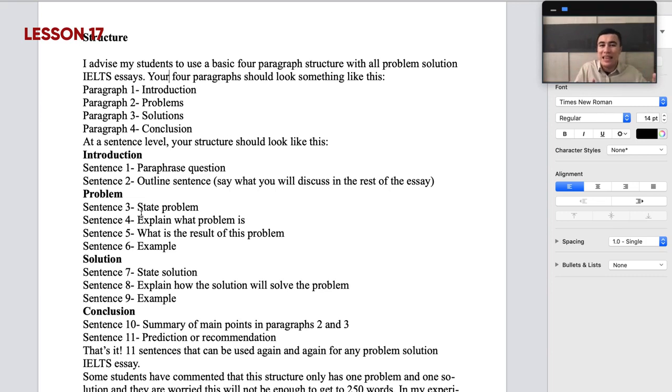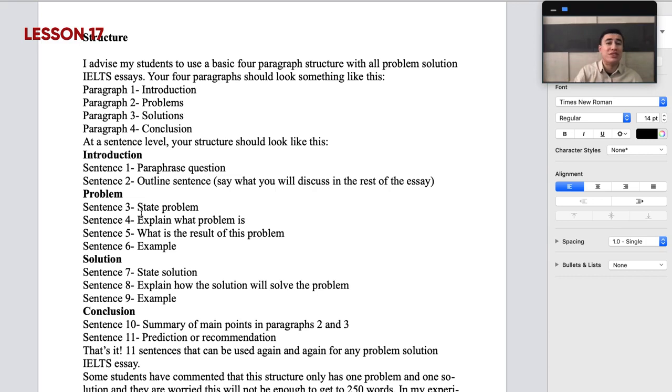So you should state a problem. Now, in the next sentence, you should explain what the problem is. And in the following sentence, you should talk about the result of this problem and then exemplify.